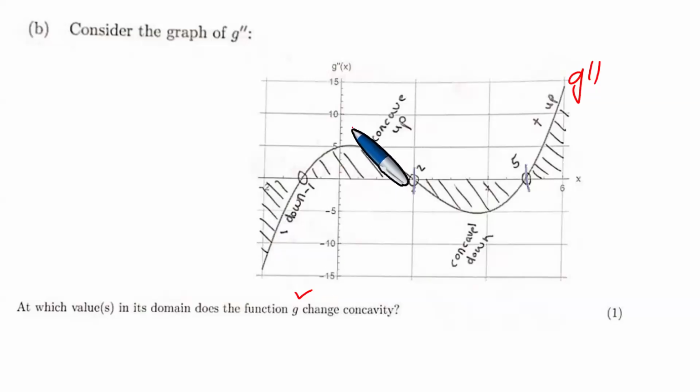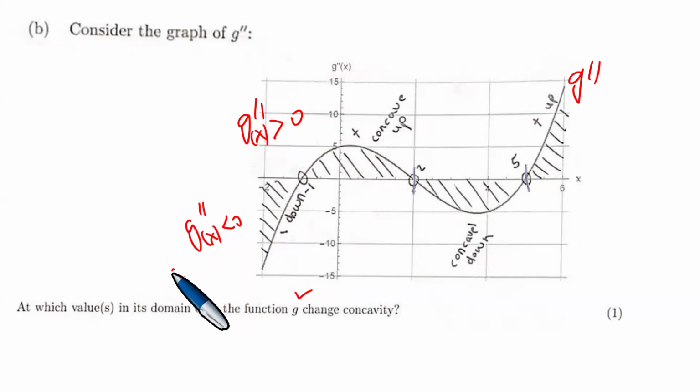Here the second derivative is positive. Here the second derivative is negative, and therefore it is concave down. Here it's concave up. Concave down, concave up.